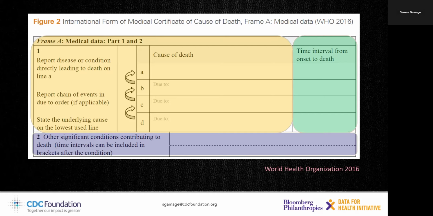Then report the chain of events in "due to" order, if applicable, in the succeeding lines. State the underlying cause on the lowest used line. It shouldn't be the lowest line, it is the lowest used line. That depends on the number of causes in the sequence.